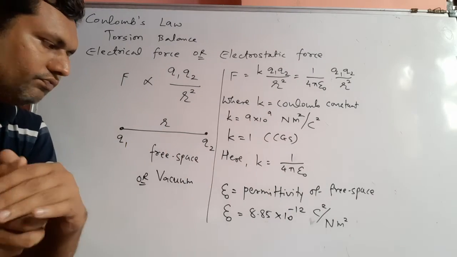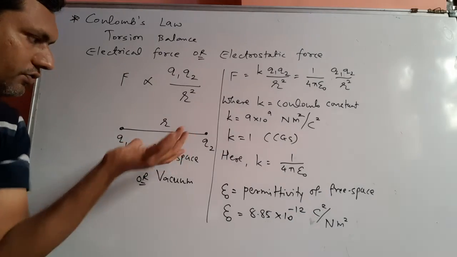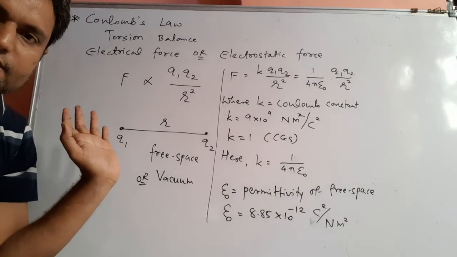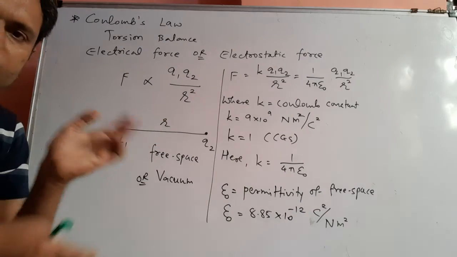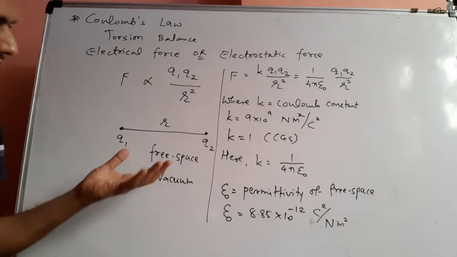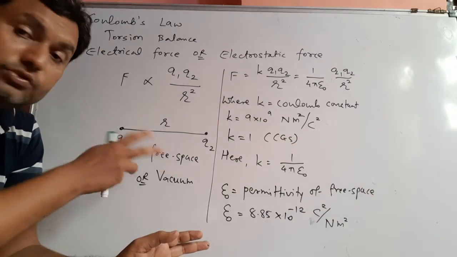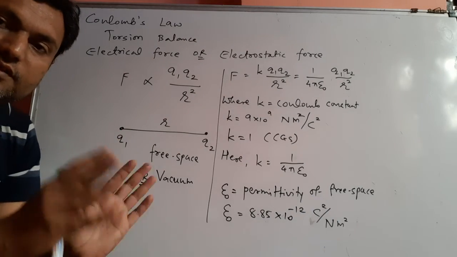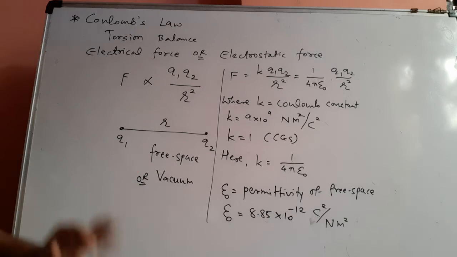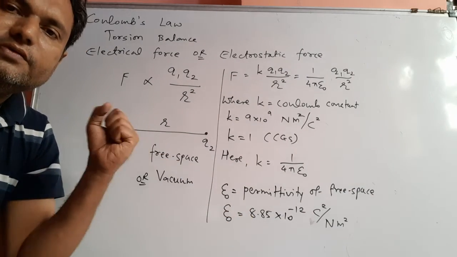So in this type of medium, when we insert the medium between the two charges, or the surrounding is, suppose, a dielectric or an insulator, there is a polarization due to the effect of these two charges. There is a polarization inside the medium, and this polarization is given by the permittivity.